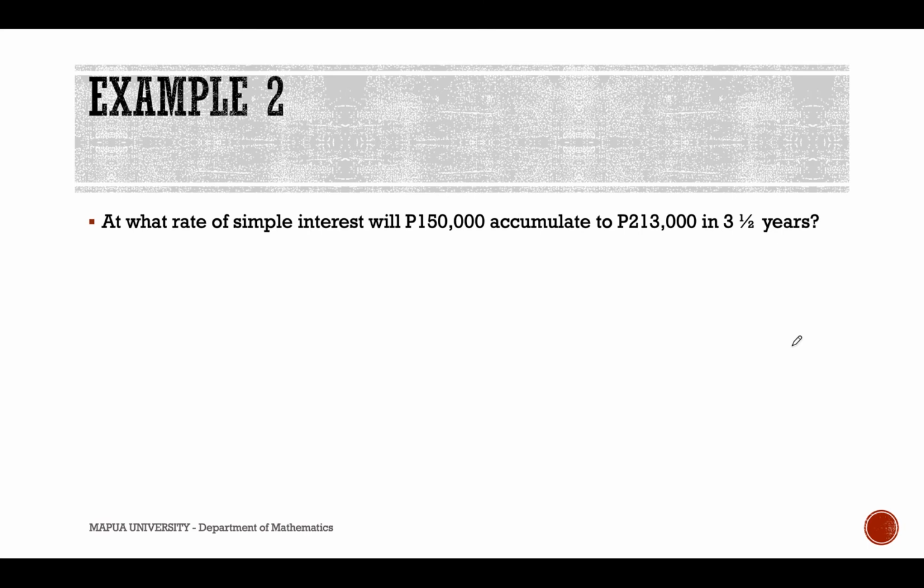Okay, so let's have another example. At what rate of simple interest will 150,000 accumulate to 213,000 in 3.5 years? So again, we use the formula F is equal to P times 1 plus RT.